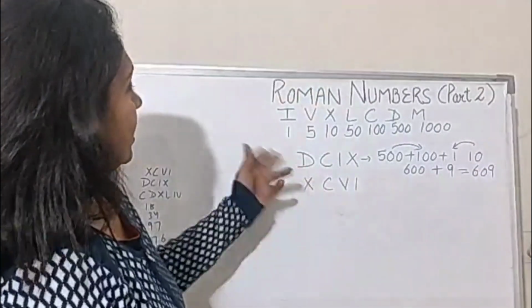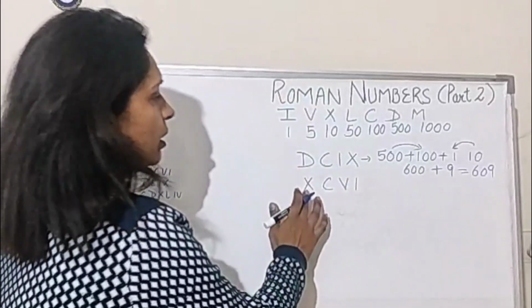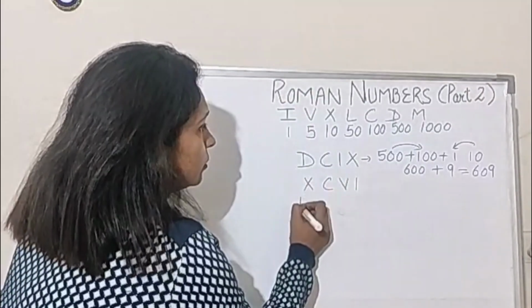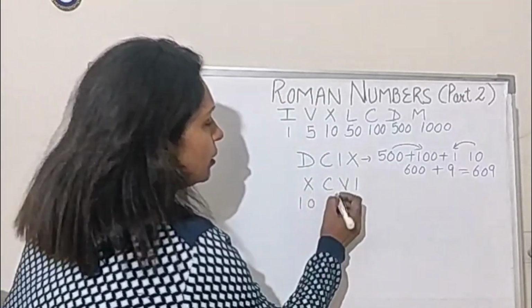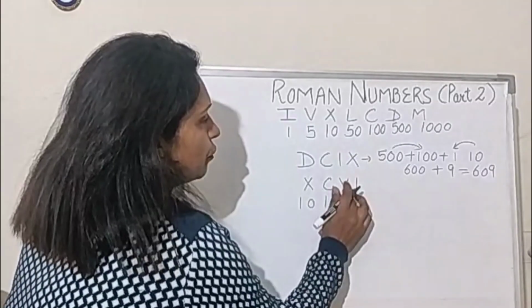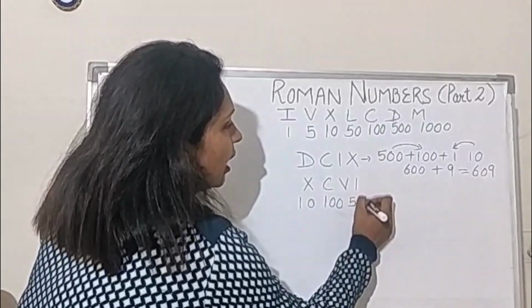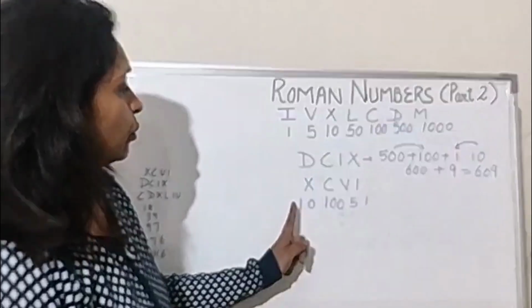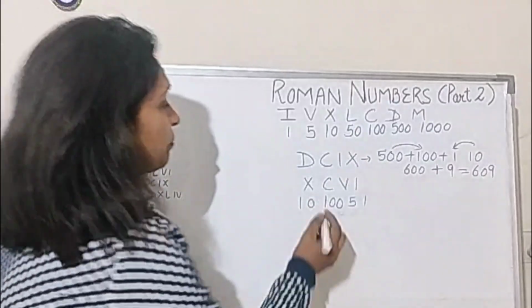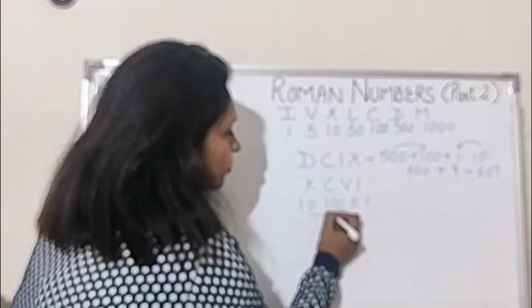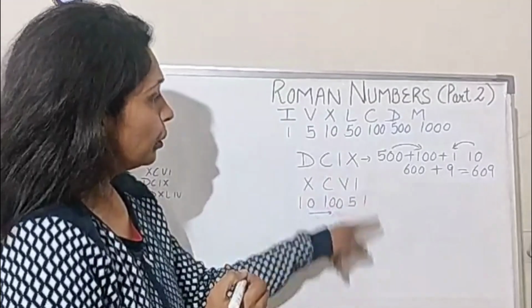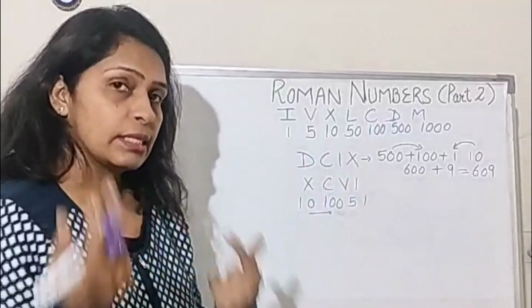Getting it? Let's try it the same way. X is your 10, C your 100, V is 5 and I is 1. Try to figure out the pattern, what is happening. 10 to 100. It is small to big. Small to big means minus.